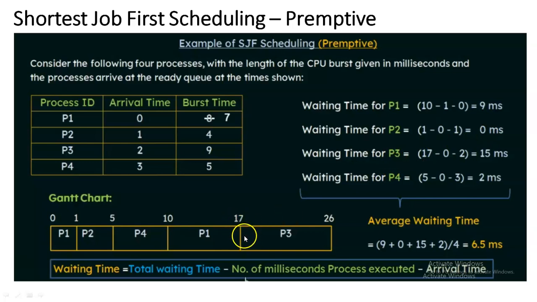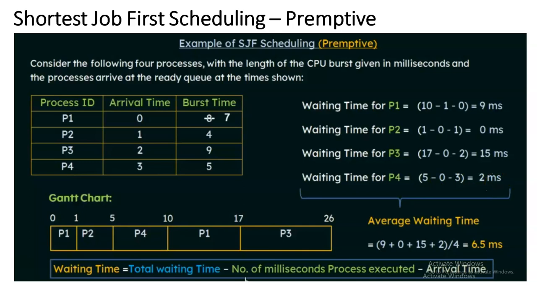It has not been executed before, so 17 minus 0 minus the arrival time of P3, which is 2. The waiting time of P3 is 15. Similarly, for P4, it is 5 minus 0, since it has not been executed previously, minus the arrival time 3. So 5 minus 0 minus 3 is 2 milliseconds.